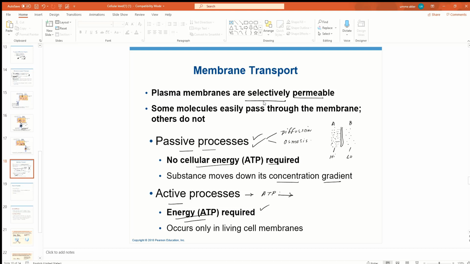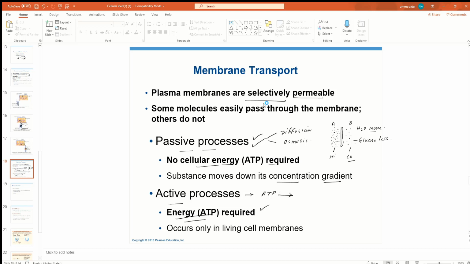So on this side you have more water, right? The amount of water is more. That's why it is low concentration, right? But the solute, these glucose molecules, these tiny dots, are less.